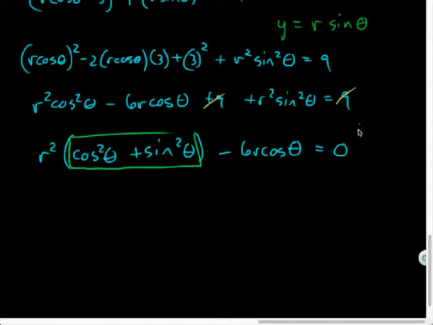I'll just say Pythag ident. All right, so this stuff's all coming back to us now. So I've got r squared minus 6r cos theta equals 0.